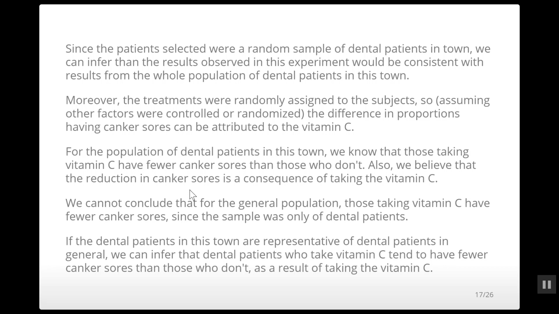It will probably be only those for which the traditionally existing methods of treatment have failed. And so the effectiveness of this experimental treatment on this sample of people may or may not generalize to anything else.